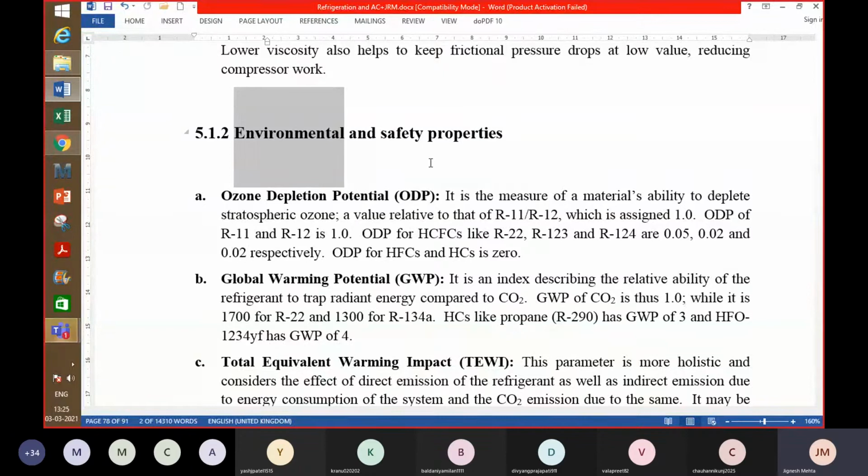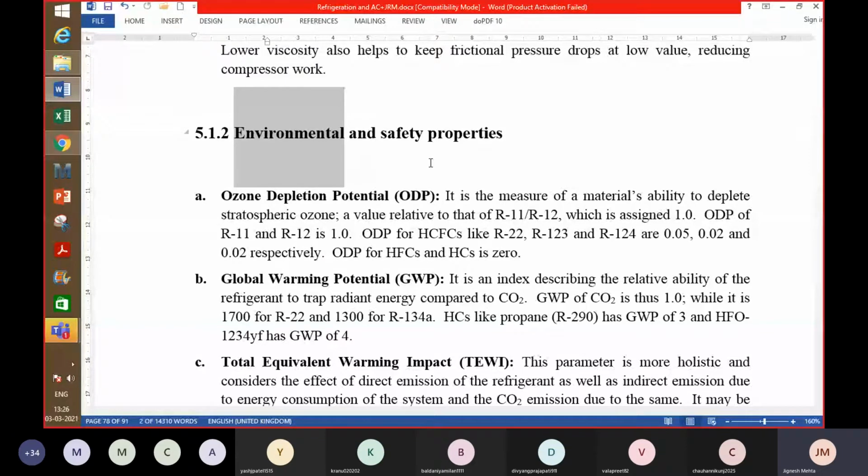It is the measure of a material's ability to deplete stratospheric ozone, a value relative to that of R11 or R12, which is assigned a value of 1. This R11 and R12, though they are phased out now, were among the most popular refrigerants used in refrigeration systems.